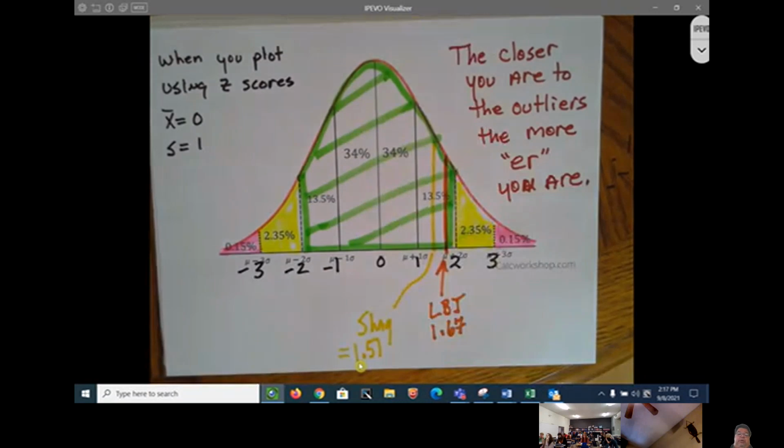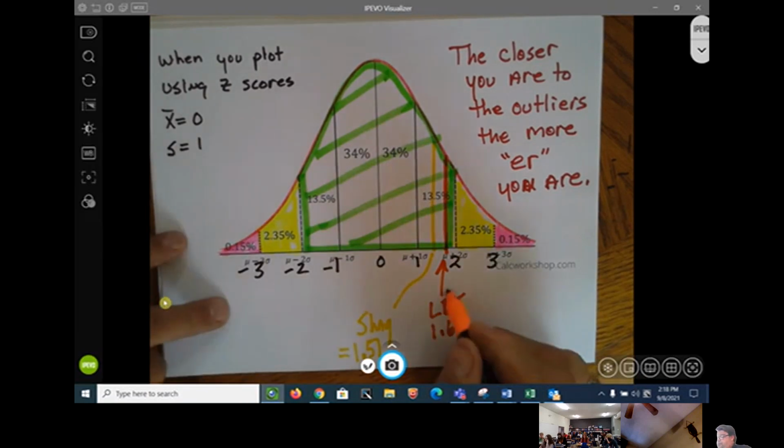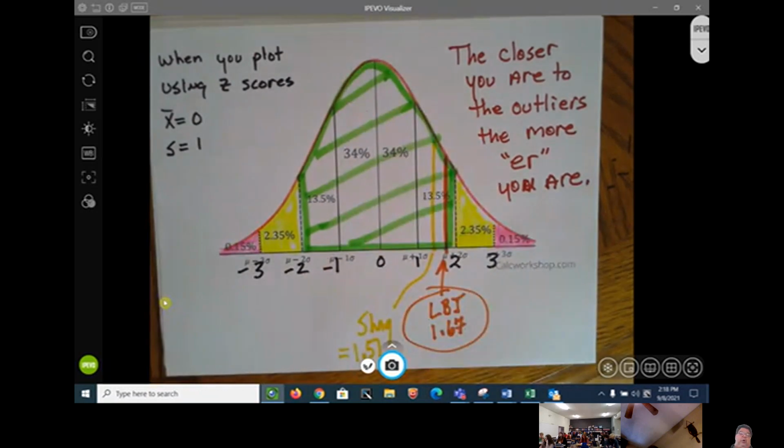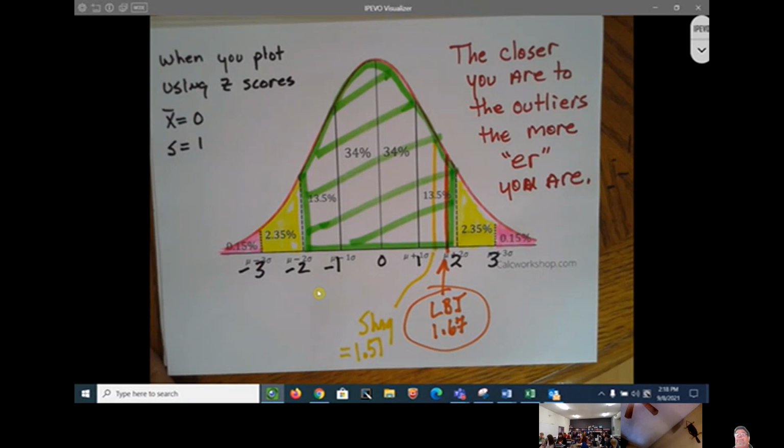So somebody tell me who is relatively taller? LBJ. So the answer to this question, who is relatively taller, is LBJ. Is this a test question? Yes.